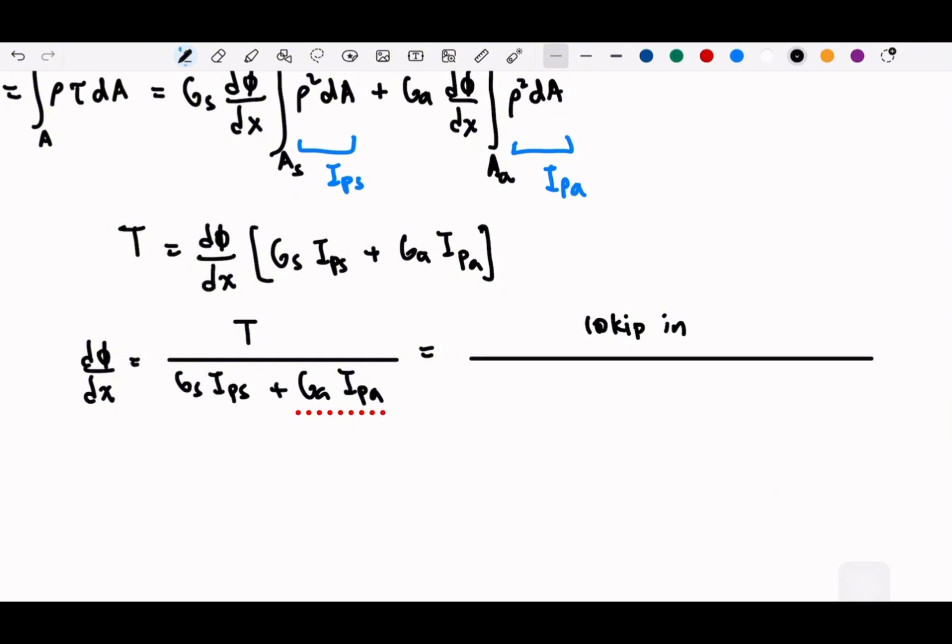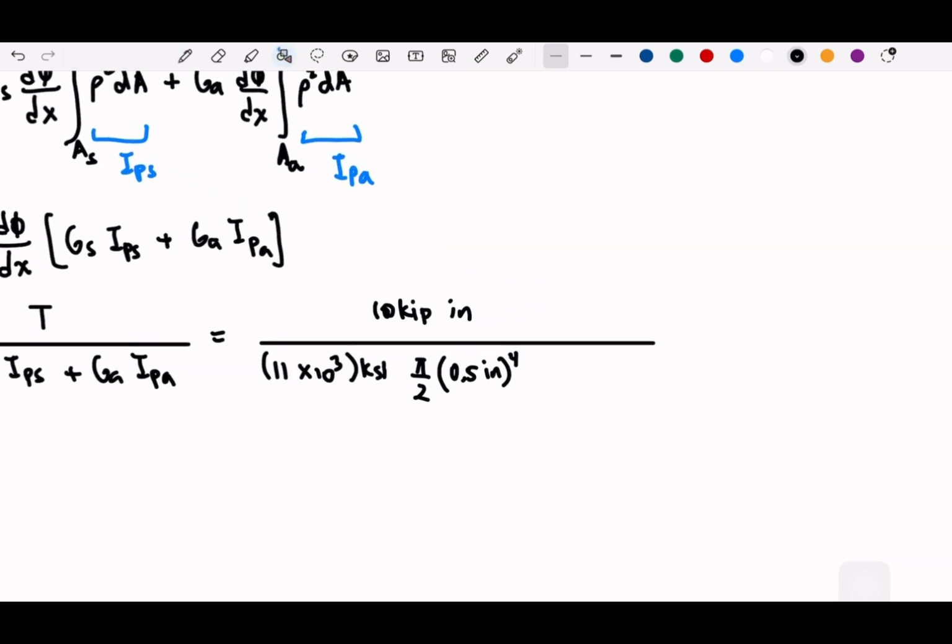The G for steel is 11,000 KSI, kilopound per square inch. This will be the inertia: for the steel it is solid, 0.5 inch to the power of 4.